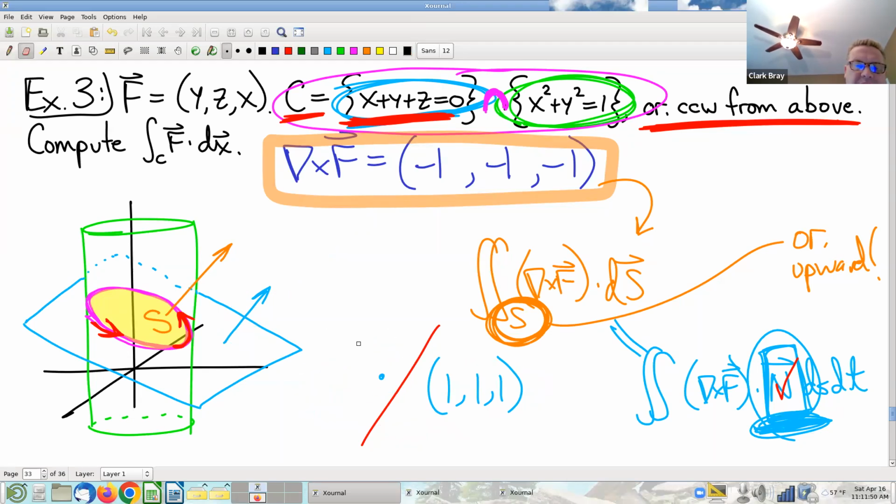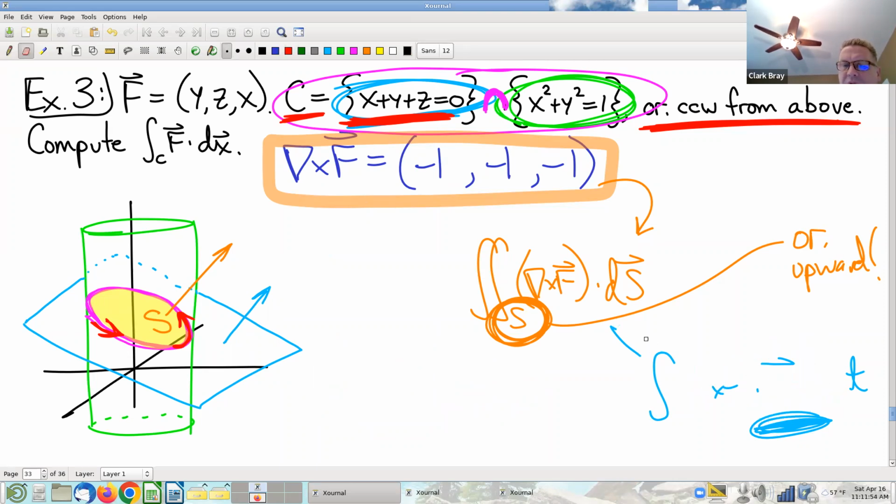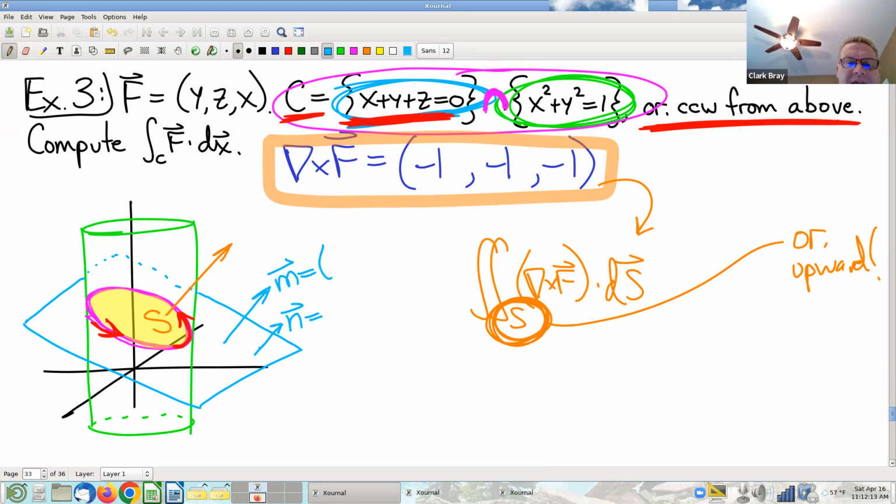So the next tempting thing to try to do would be to say, okay, well, look, I can't call this my parameterized normal vector, but I'm going to call it m because I want to reserve little n for being the unit normal. And this I can still say is (1, 1, 1). That's totally fine.